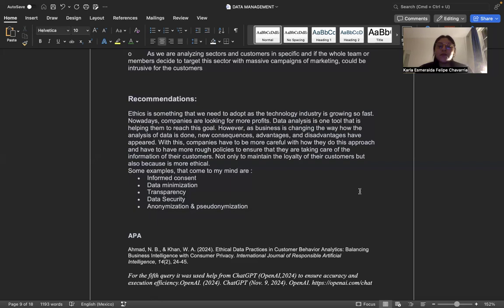Was informed consent. So this is one point where you are informing someone of the usage of their information, and for me that's for both parts, as us consuming the data and the customer who is providing the data.